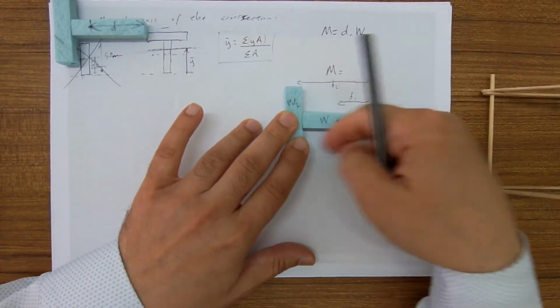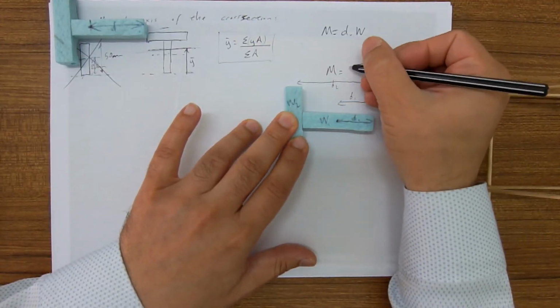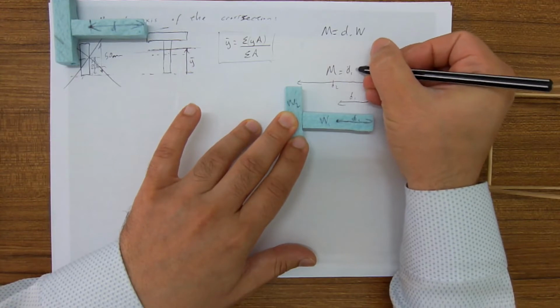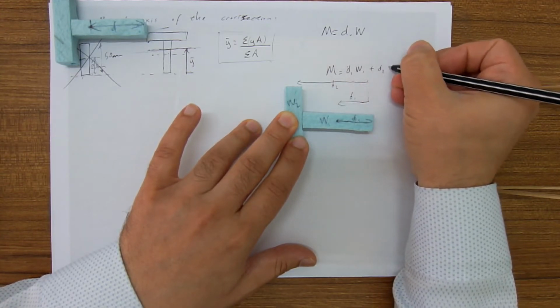Therefore, the moment that these two pieces apply on my fingers is D1 times W1 plus D2 times W2.